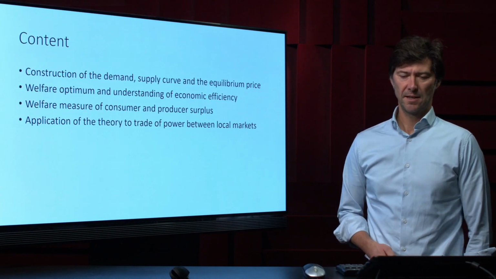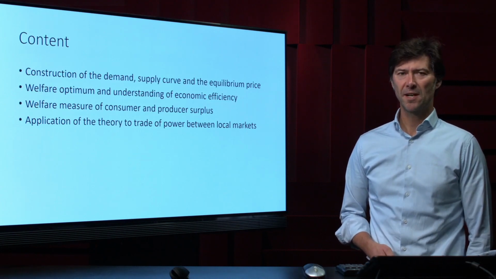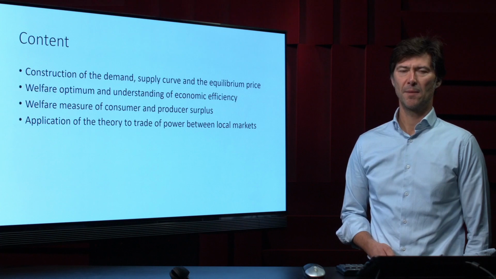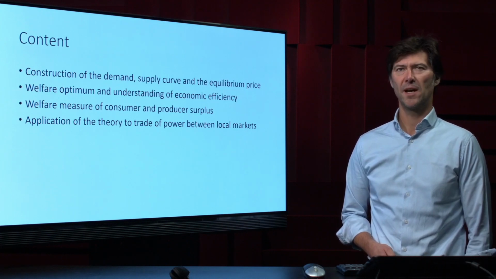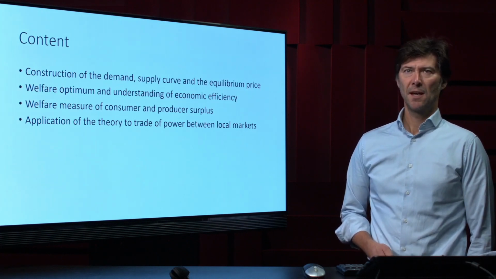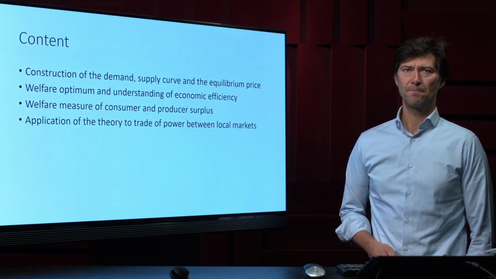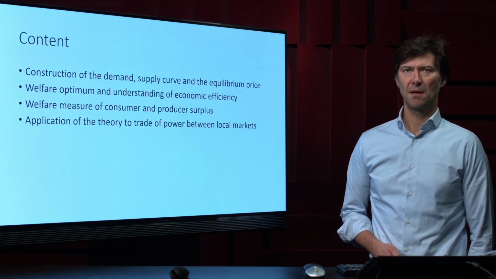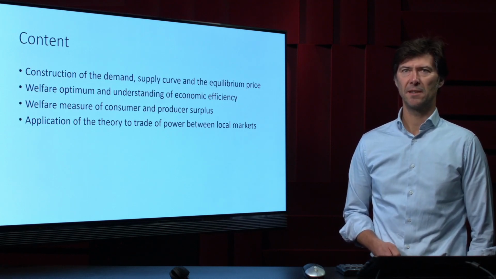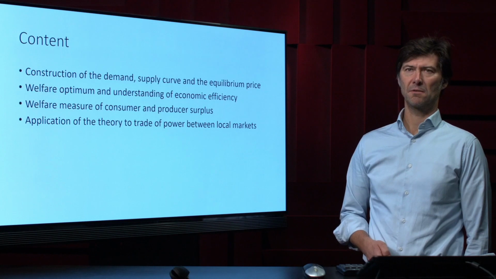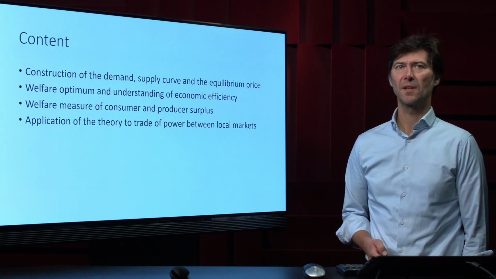Also the way economists measure welfare, which is by applying the so-called consumer and producer surplus. And then finally, we will try to apply these concepts in a small model of trade of electricity between two local markets or two different market areas.